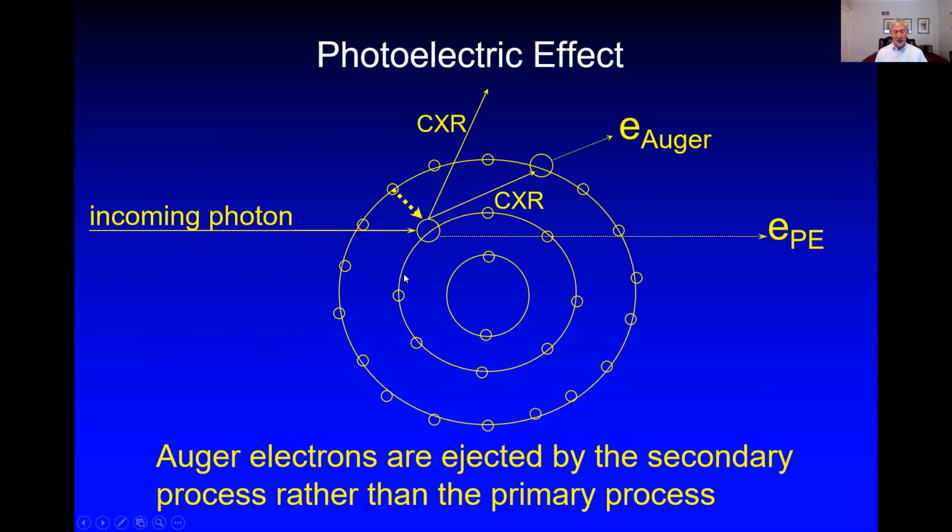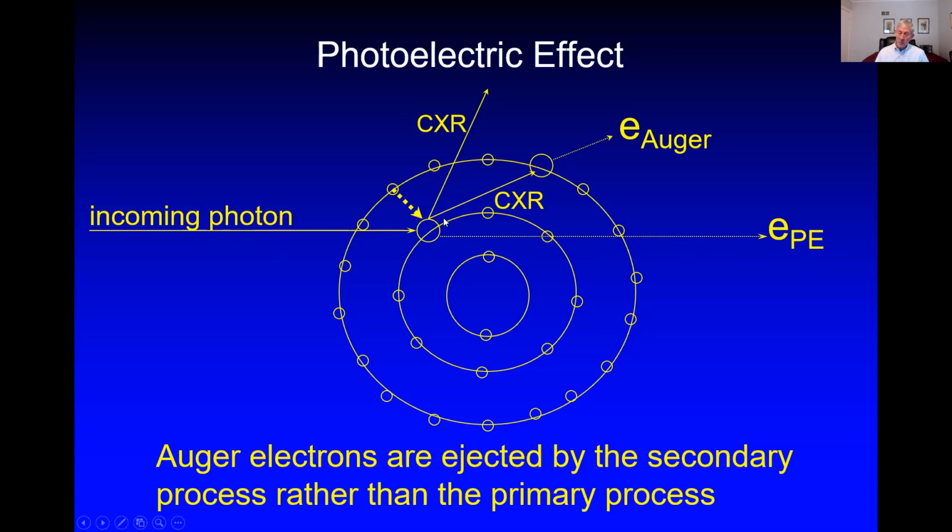Here's what we're looking at. We have that incoming photon. It hits this electron right here, dead center. The photon is gone. It gave up 100% of its energy to this electron, a totally inelastic collision, and the electron is ejected in this direction. And we call that a photoelectron because a photon knocked out the electron.